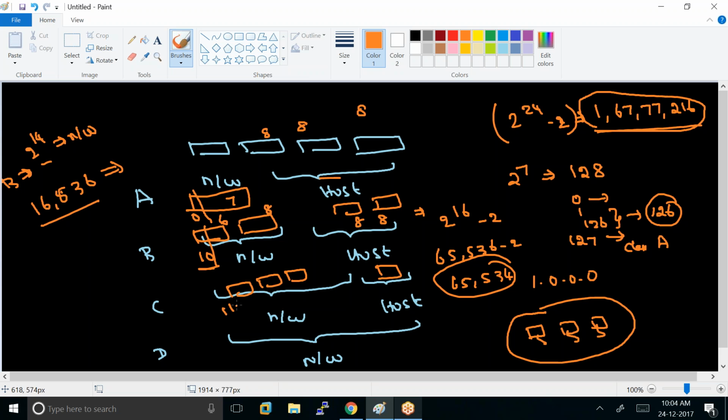Out of which 110 represents the class, remaining we have 5 bits, 8 bit, 8 bit. Therefore, 2 to the power of 21 networks. Roughly it will be equivalent to 20 lakhs. Here we have only 8 bits for host, therefore 2 to the power of 8 minus 2, which is equivalent to 254. For each and every class C network, we have 254 computers in the network.